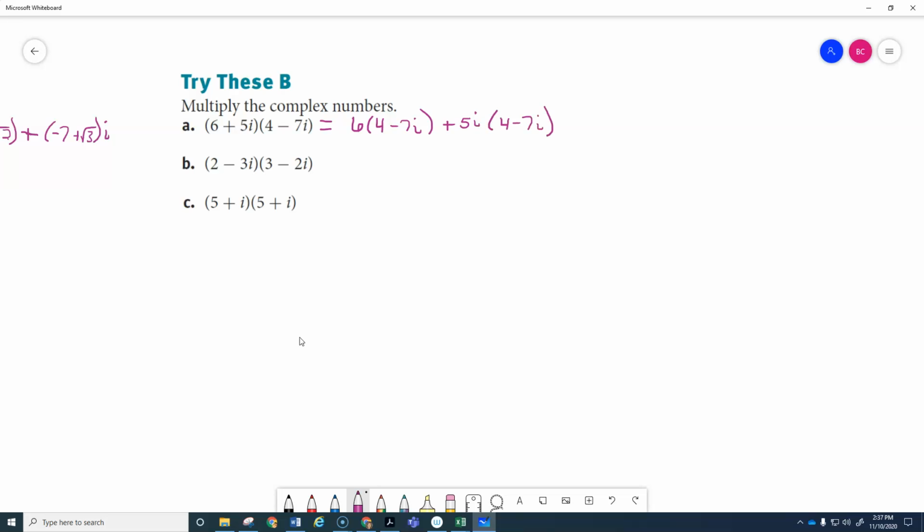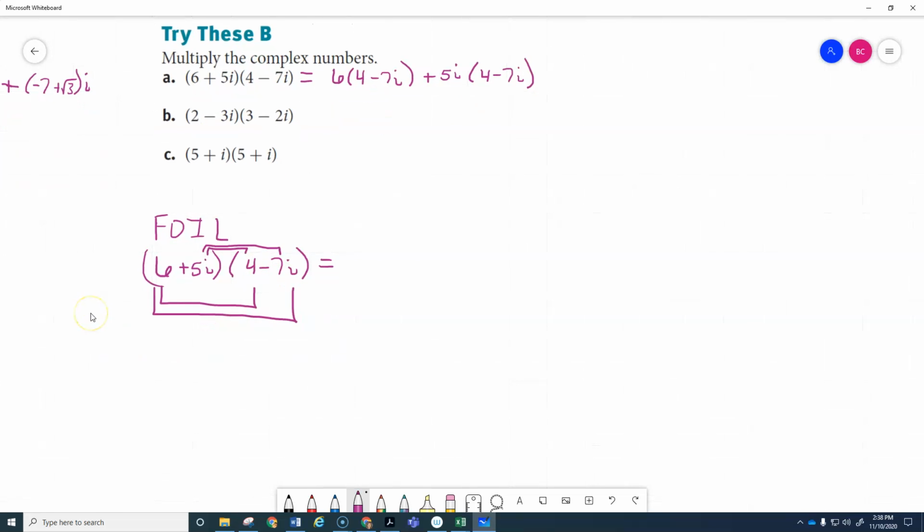That's double distribution. Okay, that's how you do it. If you do FOIL, then you're going to do 6 plus 5i times 4 minus 7i. FOIL: this is first, this is outer, this is inner, and this is last. Okay, so that's FOIL.